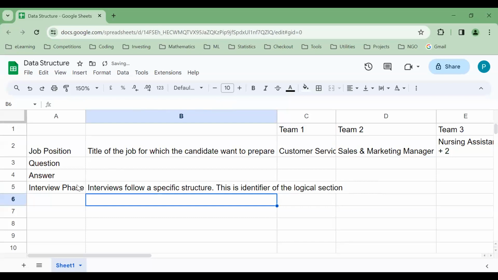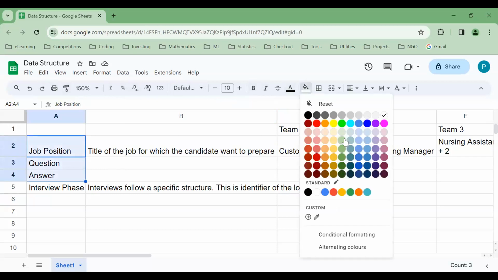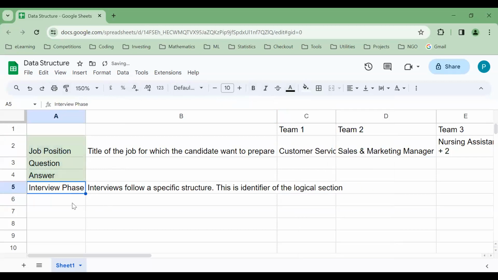All right. So now these are the essential ones. And interview phase is required in order to chart the appropriate structure.